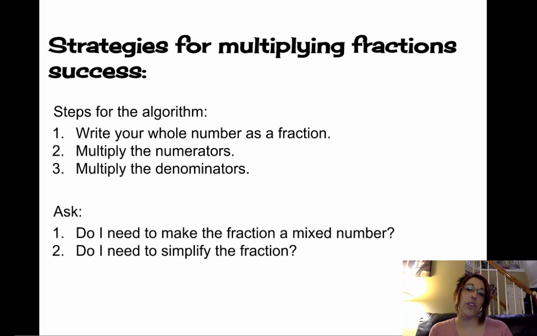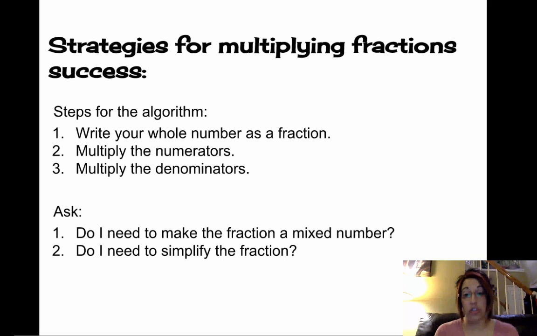Our steps for using this algorithm are really pretty much the same as they were for multiplying whole numbers. You're going to make sure if there is a whole number that it is in fraction form. Multiply the numerators, multiply the denominators, and then ask yourself, do I need to make this fraction into a mixed number?